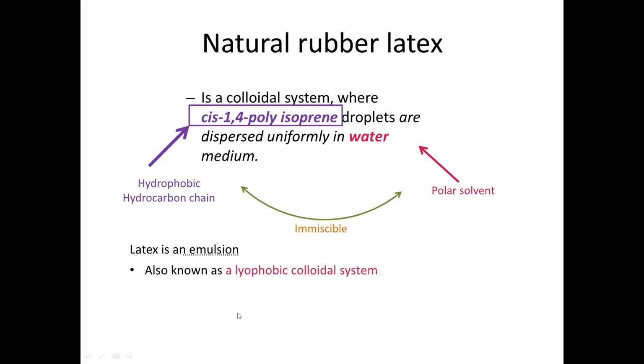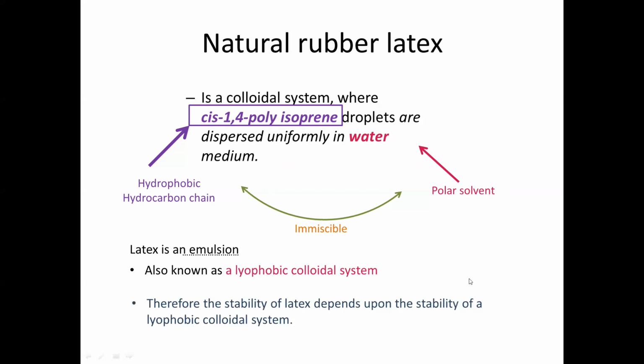So again, I'm telling you latex is also a lyophobic colloidal system. Therefore, the stability of the latex depends on the stability of lyophobic colloidal systems. I'm repeating again and again for you to remember these words.